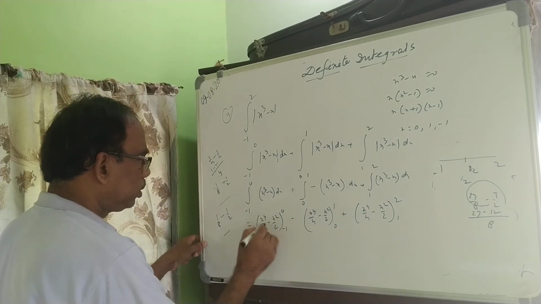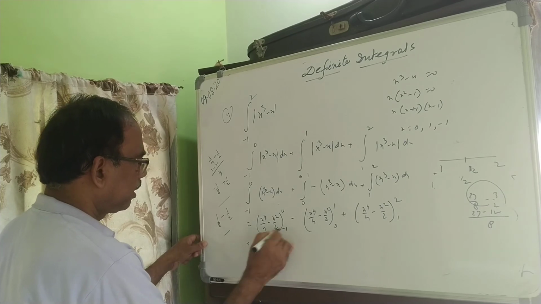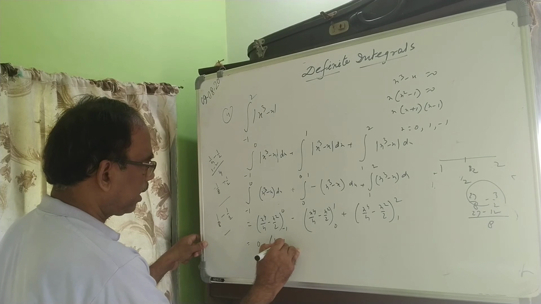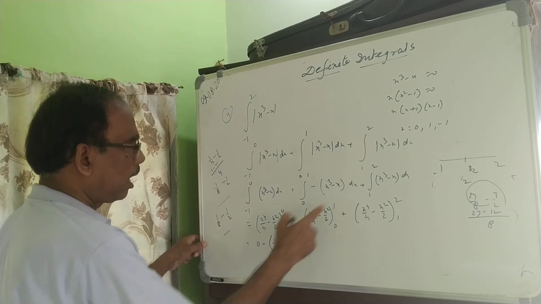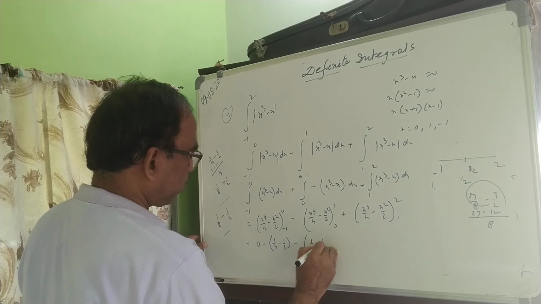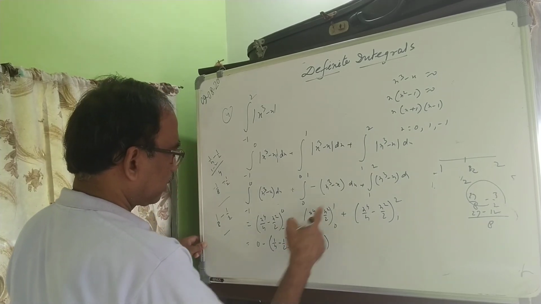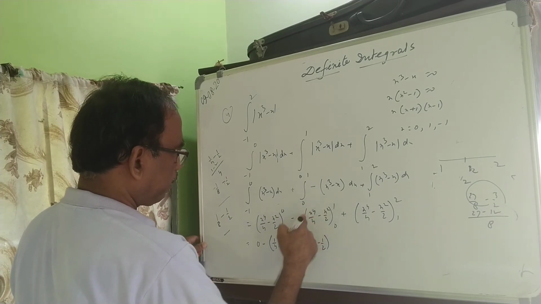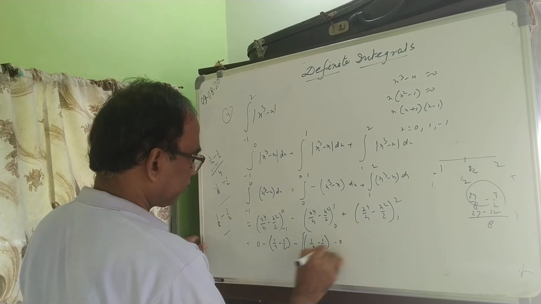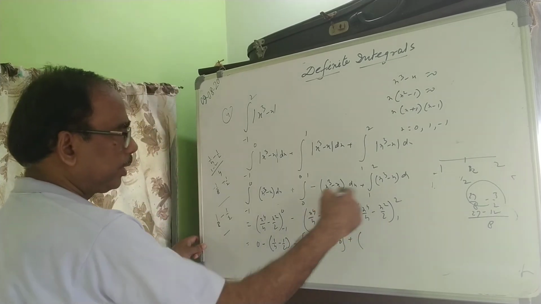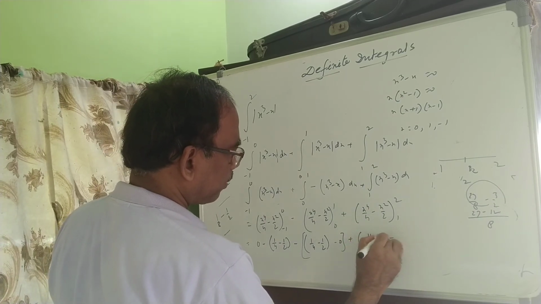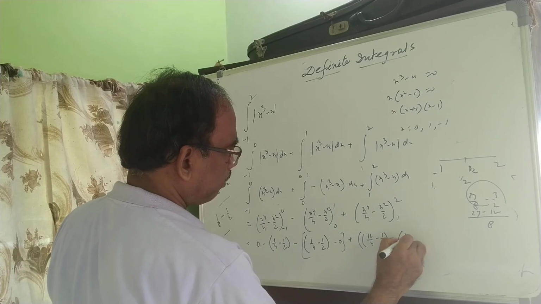Now the upper limit is 0 minus 1 to the power 4, that is 1 by 4 minus 1 by 2. For 0 to 1, upper limit is 1 by 4 minus 1 by 2 minus 0. For 1 to 2, upper limit is 2 to the power 4, that is 16 by 4 minus half, minus lower limit 1 by 4 minus half.